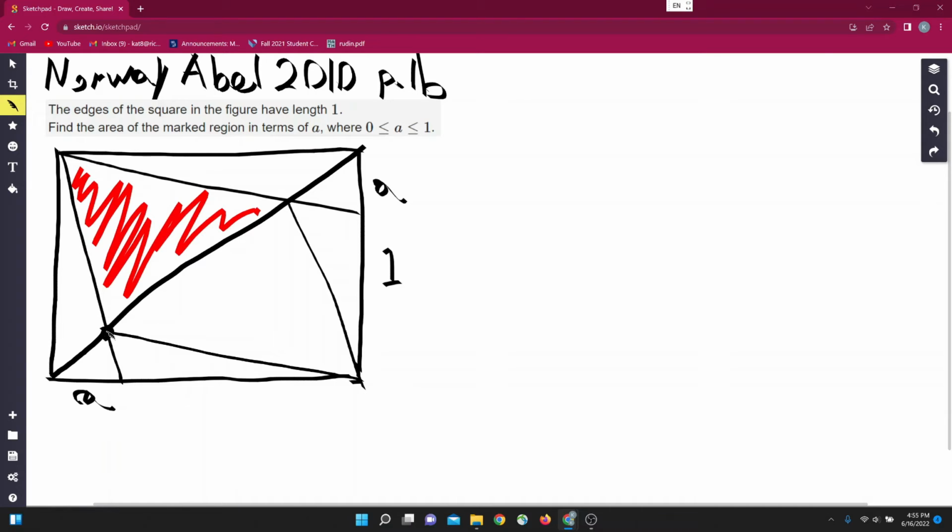Both lines pass through this point, and they also go to the edge of the square. So by symmetry, these two lengths are the same. Indeed, this is a 45-degree angle, so we can think of this line as being symmetric, right?